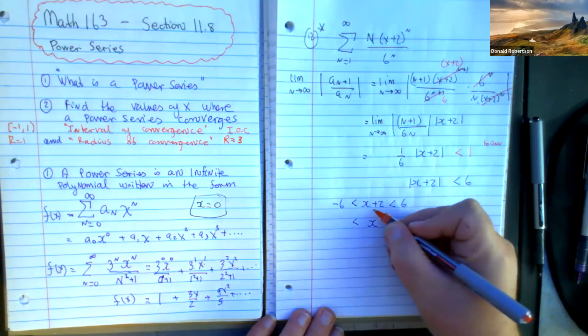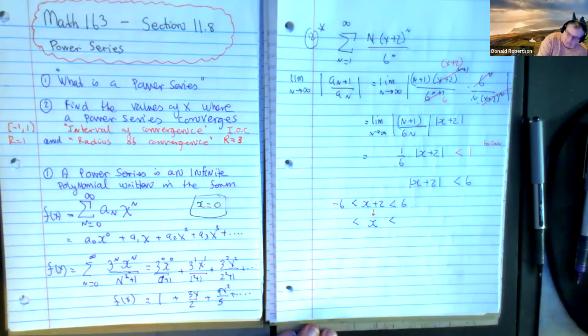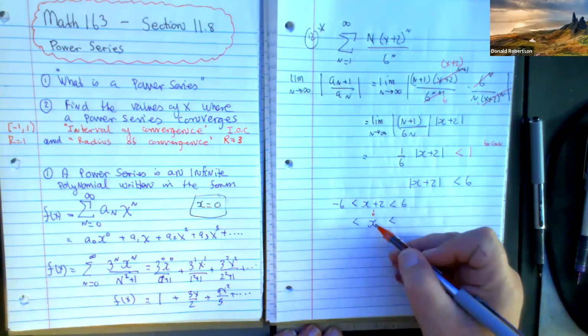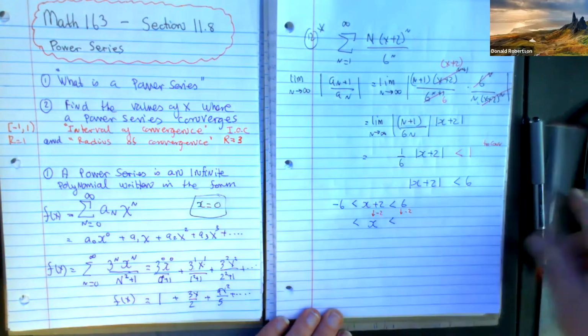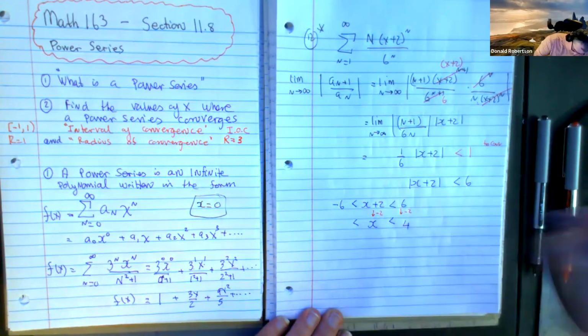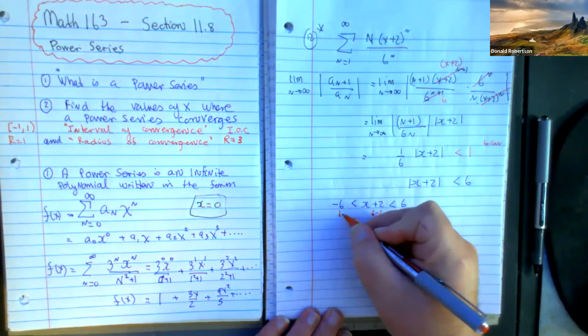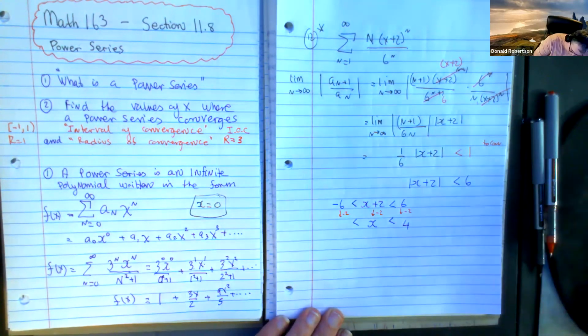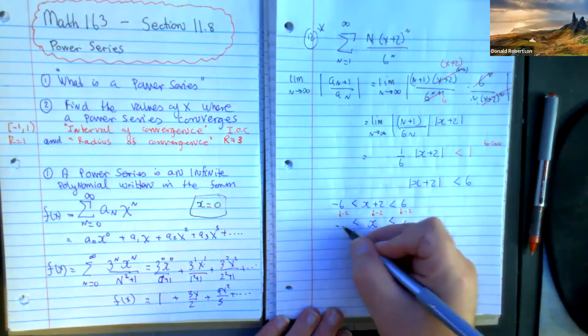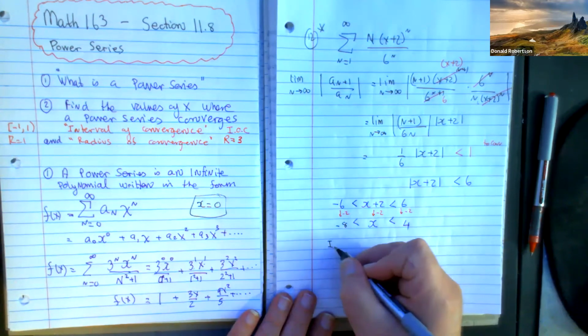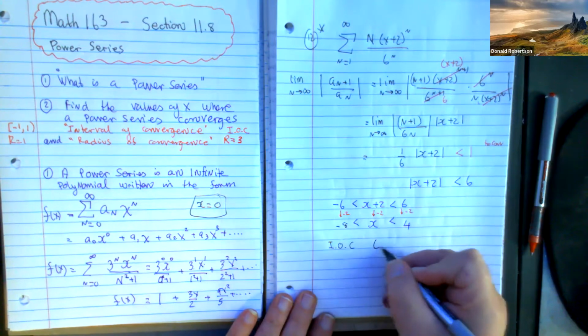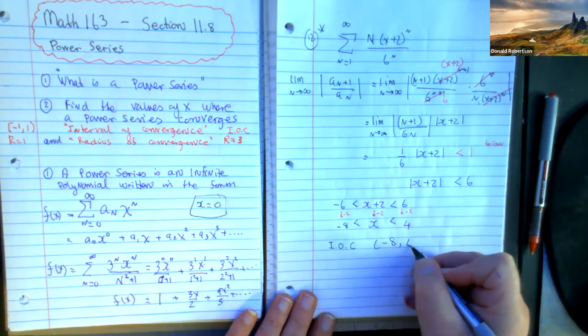What would you do to him? Any thoughts? You're going to subtract 2. You are. And don't you subtract 2 from everybody. And so what you end up with is that x is between -8 and 4. So our initial interval of convergence is -8 to 4.